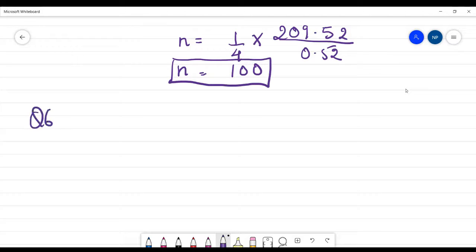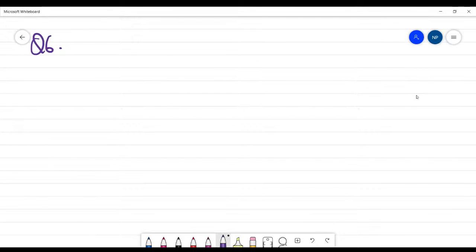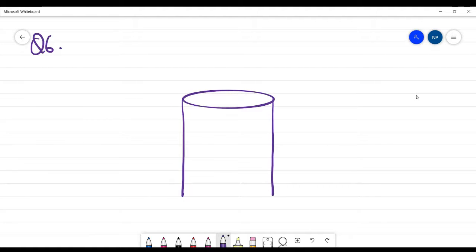If you draw the diagram, there is a big cylinder, and its dimensions are given in the question. The height is given as 220 centimeter and the base diameter is given as 24 centimeter.